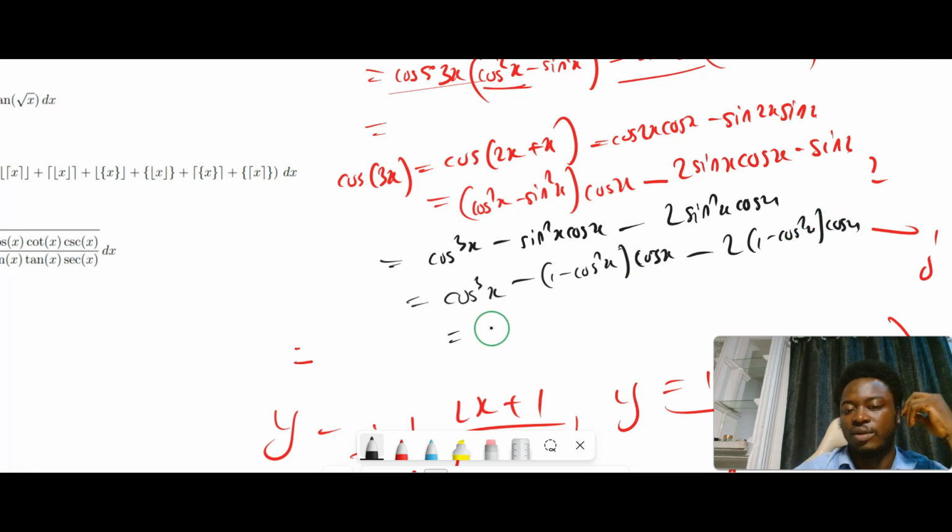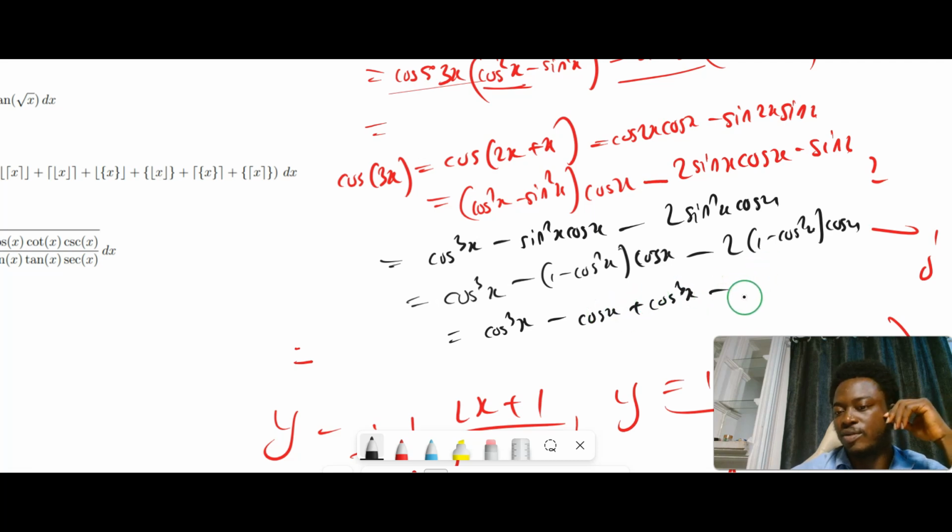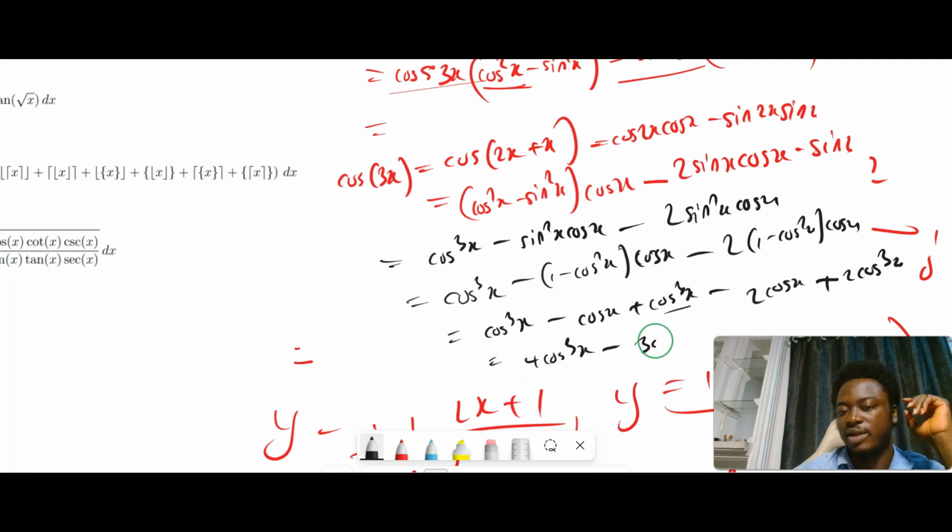That will be cosine cube x minus cosine of x plus cosine cubed x minus twice cosine of x plus 2 cosine cubed x, right? That would be 4 cosine cubed x minus 3 cosine x. Okay, so we have a formula for cosine of 3x.